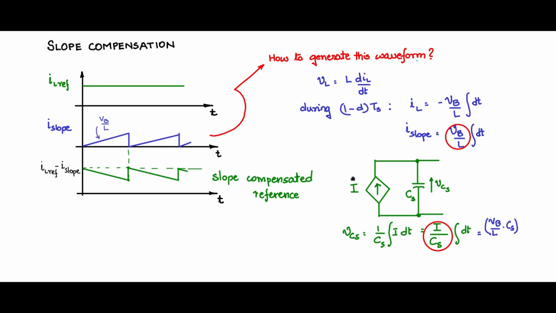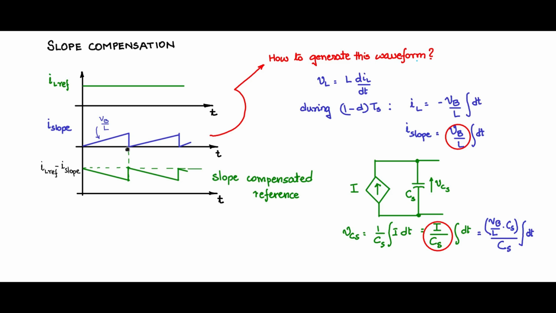Now let us make I here Vb by L into Cs, divided by Cs into dt would be the voltage across this capacitance. So the voltage across this capacitance will follow this wave shape. It's a voltage equivalent value of I slope, and will follow this wave shape with this exact slope Vb by L, because Cs will cancel. Now this is an integrator, and as long as the current here is constant, this will keep on integrating. It will not come down to zero.